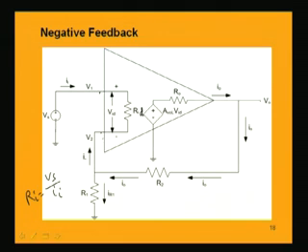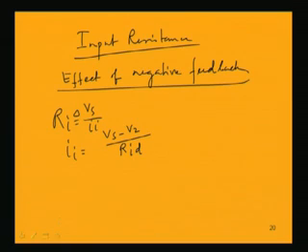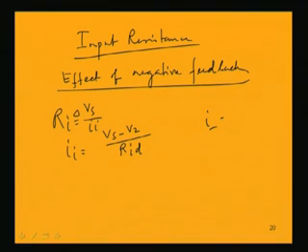V1 is nothing but Vs, and V2 is the feedback voltage, given by V0 into R1 by R1 plus R2. So, assuming the same approximation that the input resistance RID is very large, we neglect the current I dash, taking it to be equal to 0.